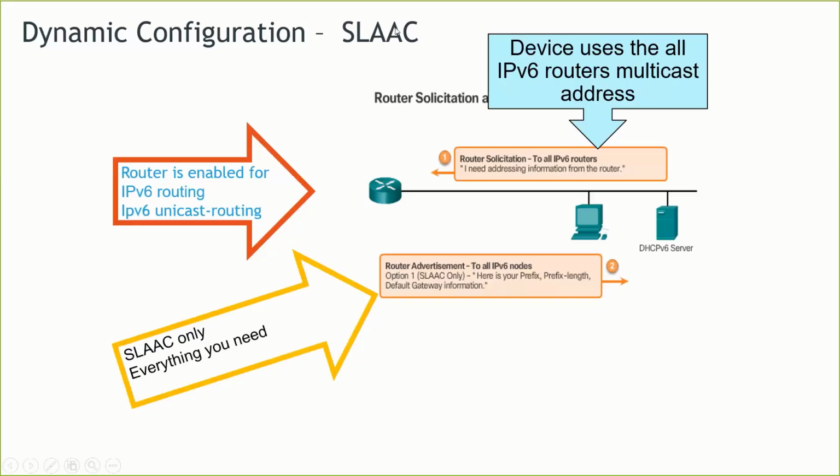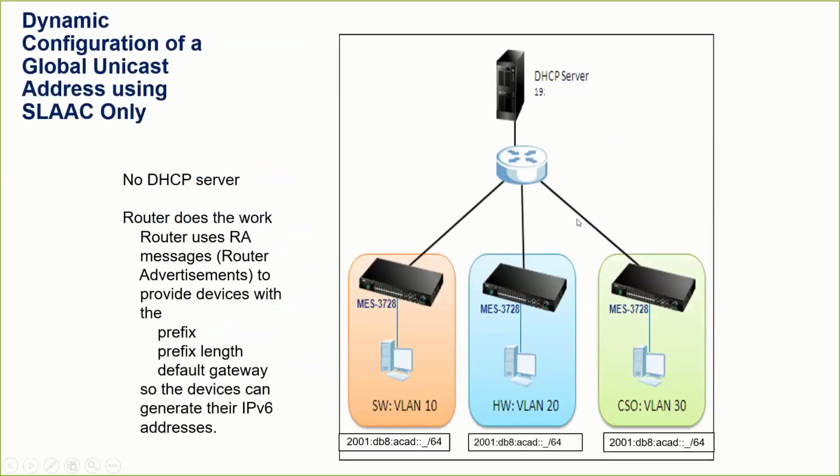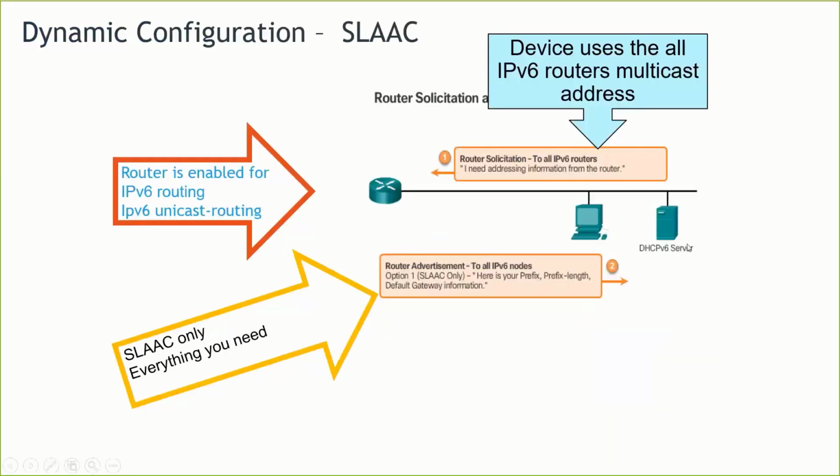So the router is running SLAAC. So it's like, okay, we're running SLAAC, so here's everything you need. I'm sending the prefix length, the default gateway information, the DNS information. Here's everything that you need. And then end of story. This server that's sitting over here never even gets involved.